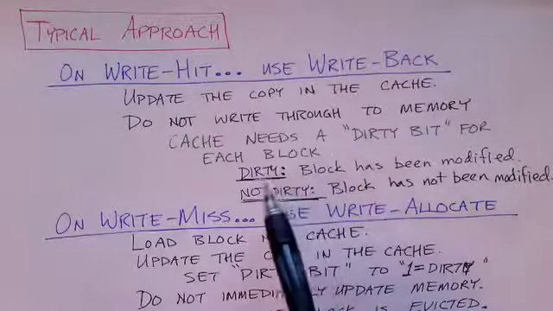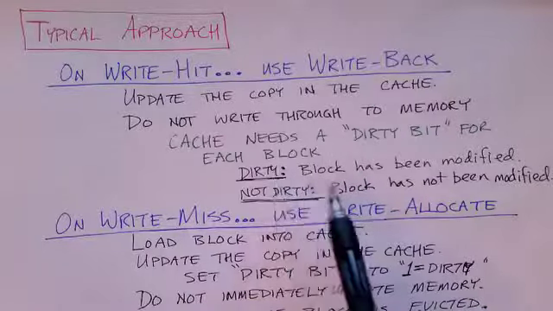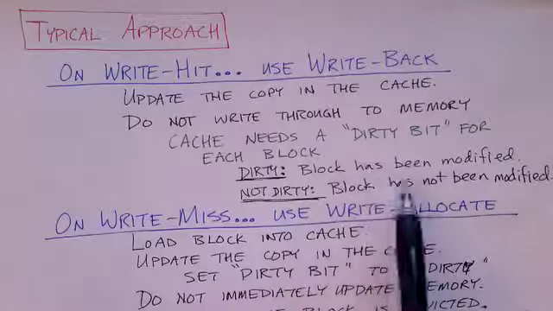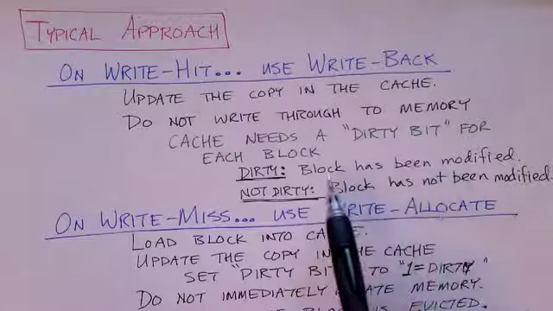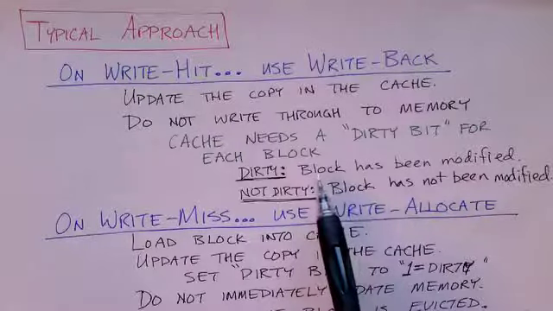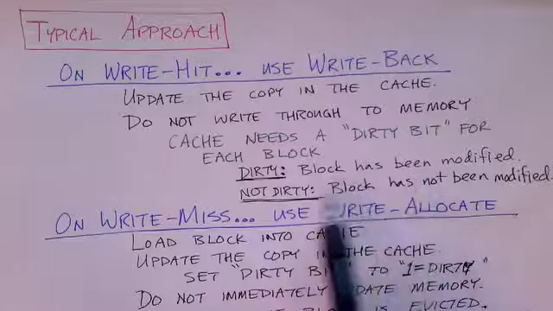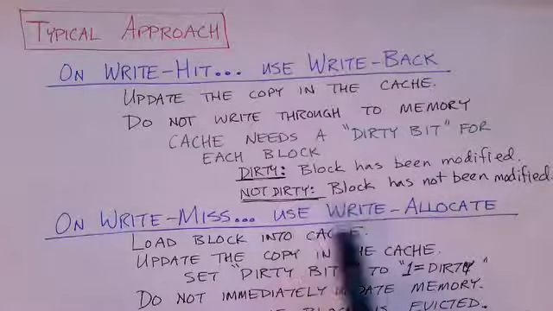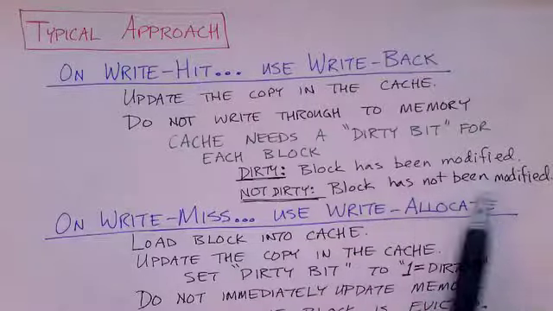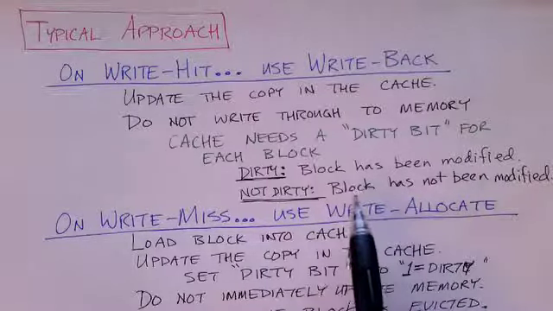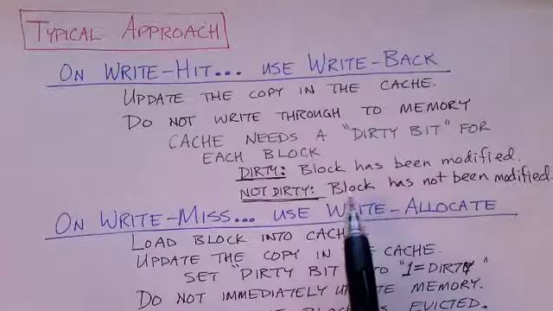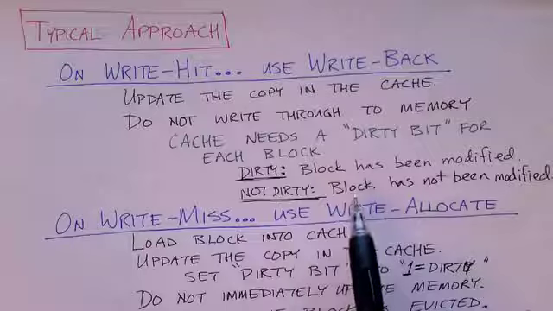A 1 indicates that it's dirty, that is, that the block has been modified. In other words, there's been a write to some byte within the block. That block is no longer a virgin, it's now dirty, so to speak, and it has to be written back to main memory. If the dirty bit is 0, then the block has not been modified, and it does not need to be written back to main memory. So we can save the time that would be wasted writing it back to memory.